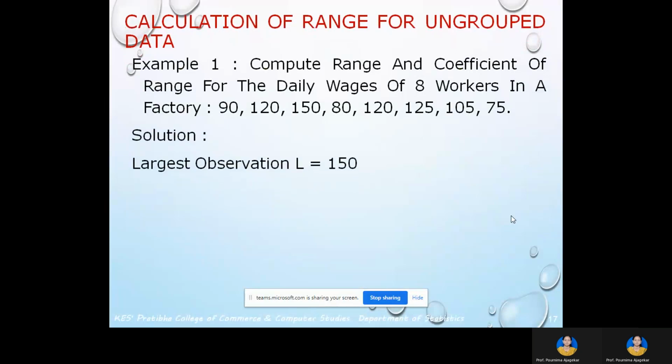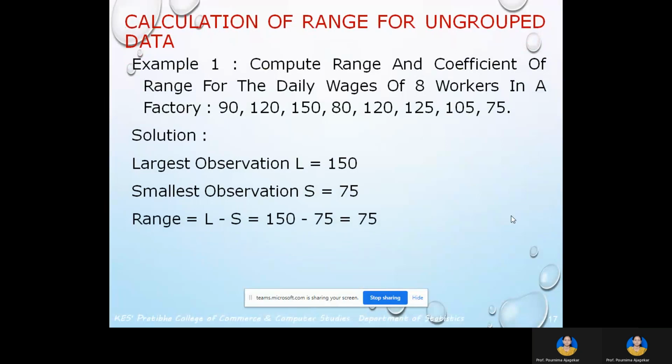From the data, we can observe the largest observation L as 150 and the smallest observation S is 75. So the range is L minus S, that is equal to 150 minus 75, which is equal to 75. And the corresponding relative measure, coefficient of range, is equal to L minus S divided by L plus S, and that we get 0.3333.